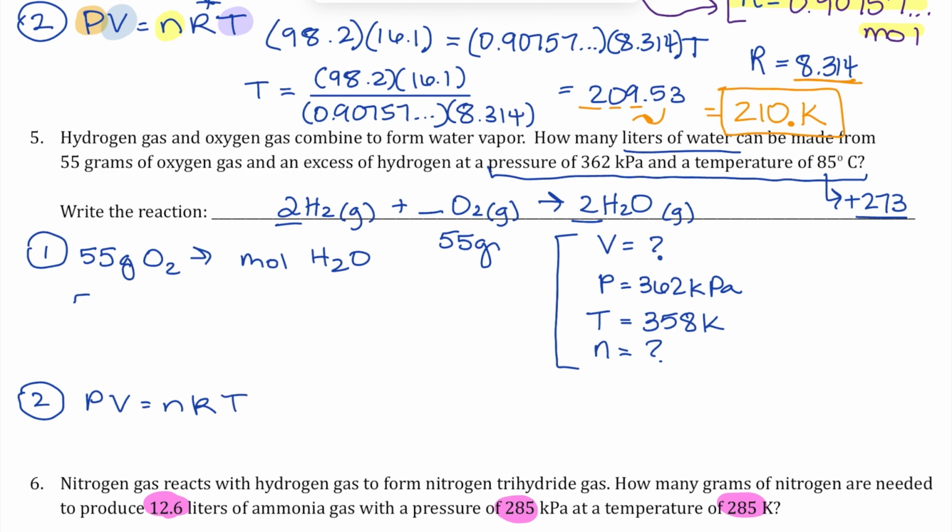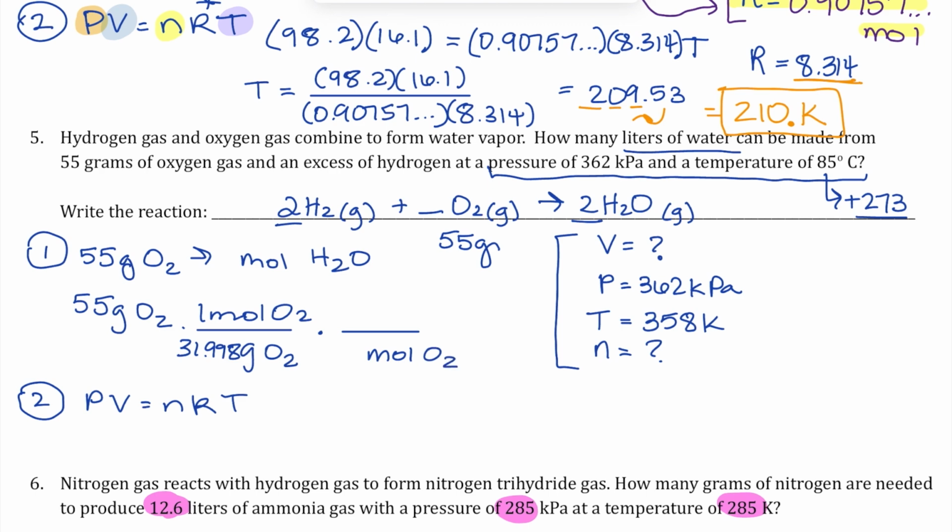So we've got 55 grams of O2. I'm getting rid of grams. I want moles, and 1 mole is molar mass. So we've got that, nope, I need to multiply that by 2 because it's diatomic, 31.998. And then using our mole ratio, moles of oxygen, we want moles of H2O.